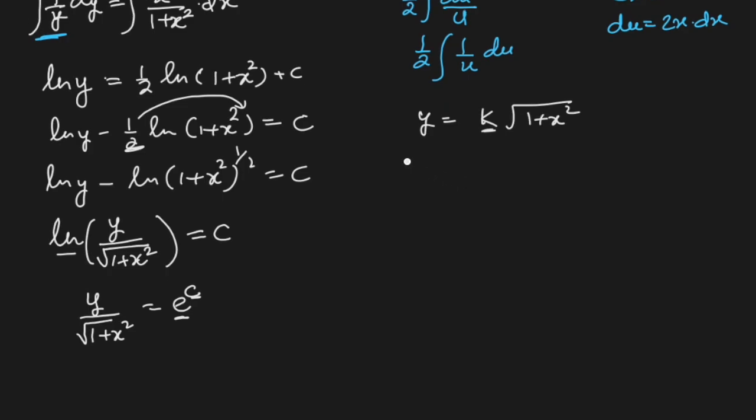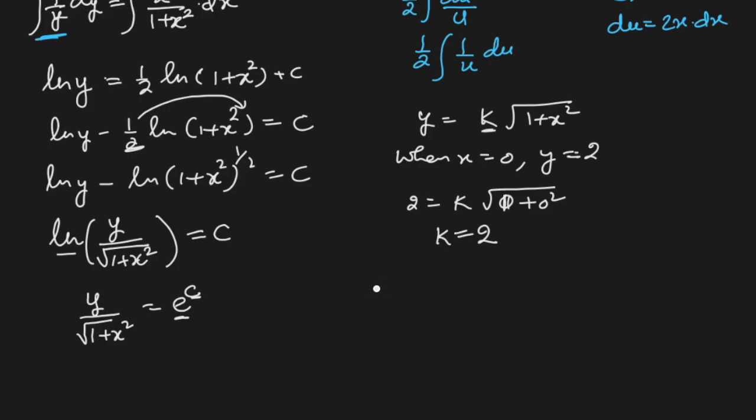So let's do it here. When x is 0, y is 2. So 2 equals k times square root of 1 plus 0 squared. So 1 plus 0 squared is square root 1. So k comes out to be 2. So our equation becomes y equal to finally 2 square root of 1 plus x squared. We evaluated k as well.